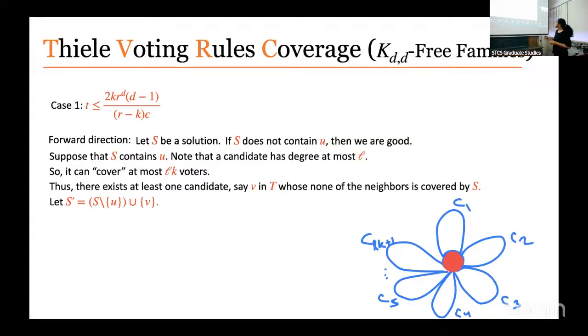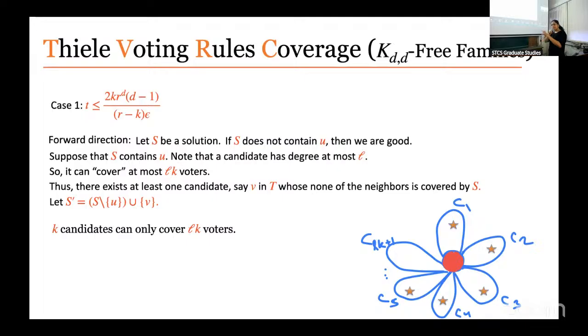I'm not sure if the picture is clear. For every candidate, this blue and red is its neighborhood, and red is the common part. This is the disjoint part. If I pick K sets, there will definitely be one petal which is completely untouched.